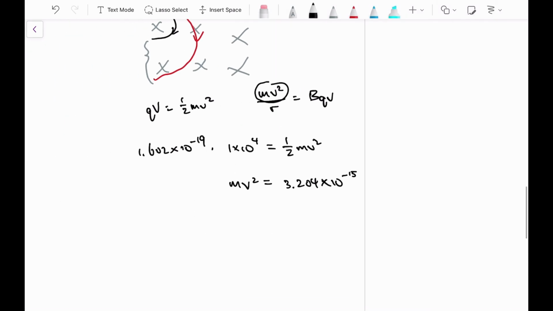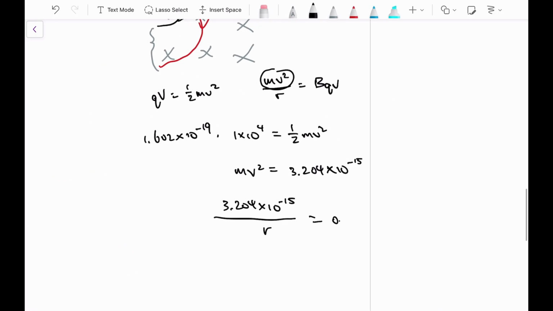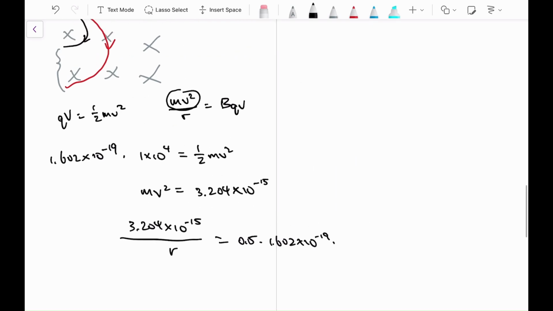And then we input this into the second equation. So over here we have 3.204 times 10 to the minus 15 over r is equal to 0.5 Teslas times charge, and then times the velocity. Oh, okay, so we have to calculate velocity. So we extend upon this. v will be equal to the square root of this entire thing divided by m.